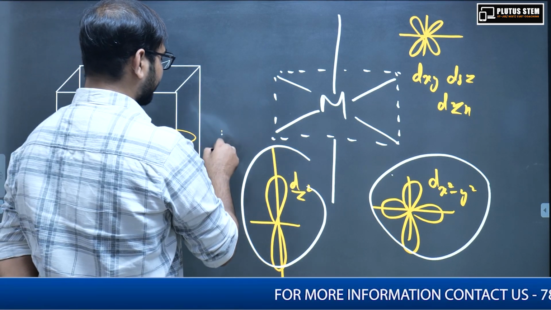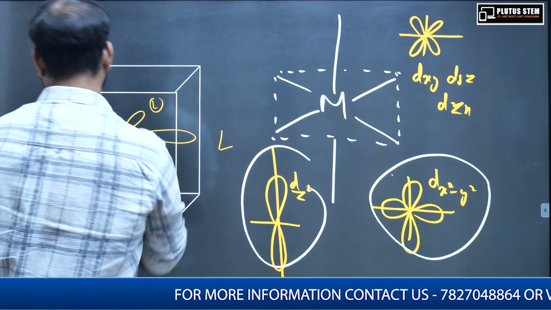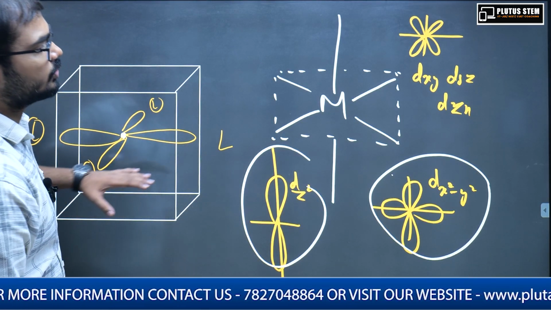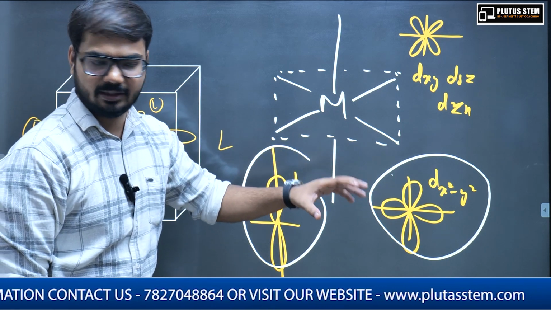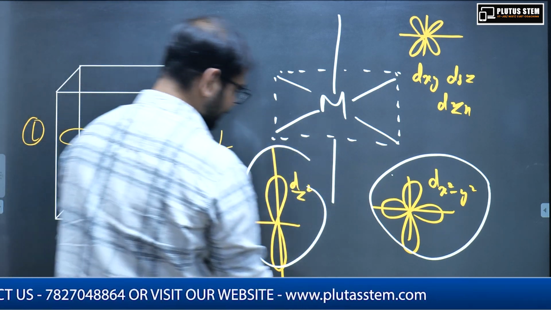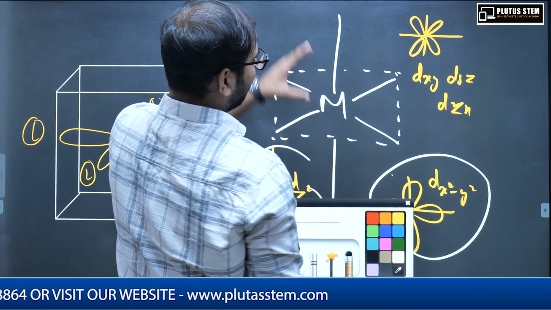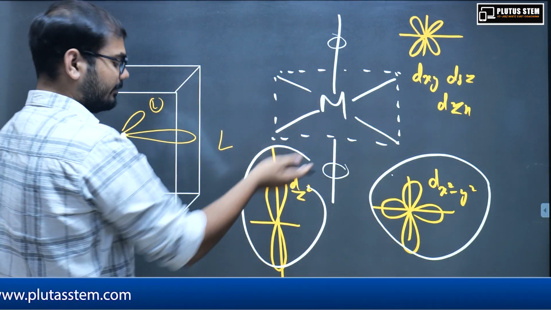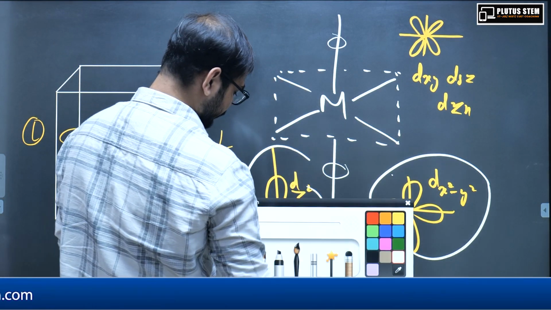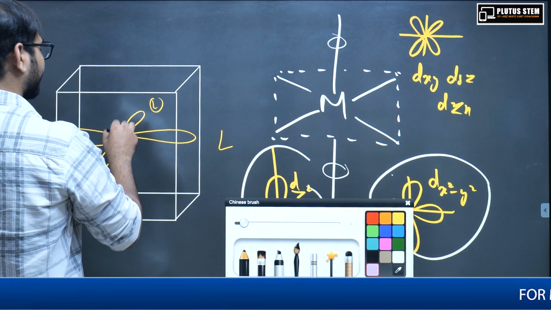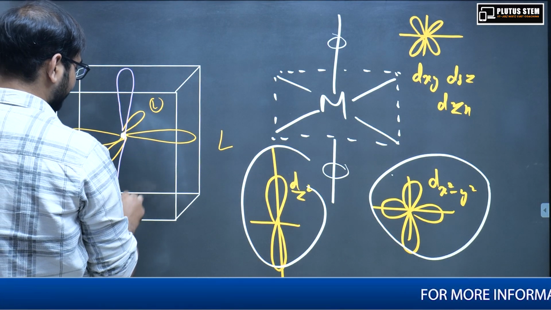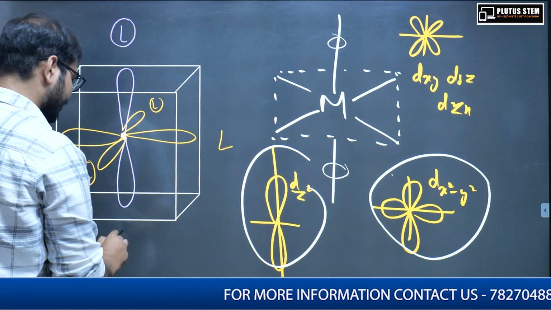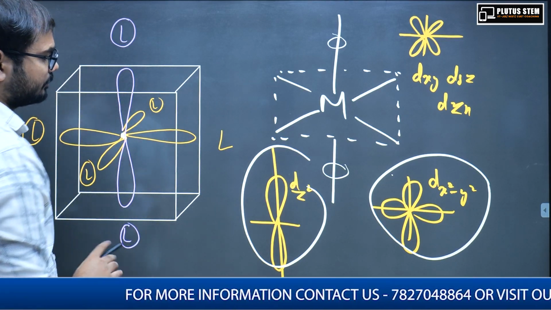That means the ligands will be approaching from those directions where the orbitals are aligned, so that a particular geometry can be achieved. Now I require the bonds which are above and below the plane. For this, the orbital I require should also be of vertical geometry, which is dz square. Here two ligands will approach from this direction and two will approach from this direction.